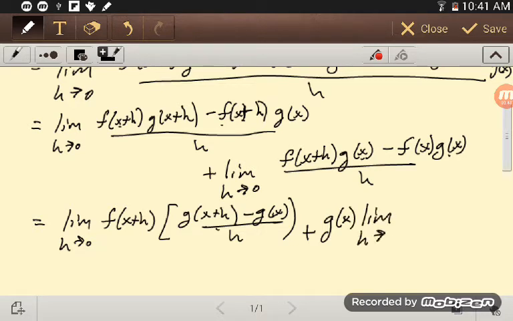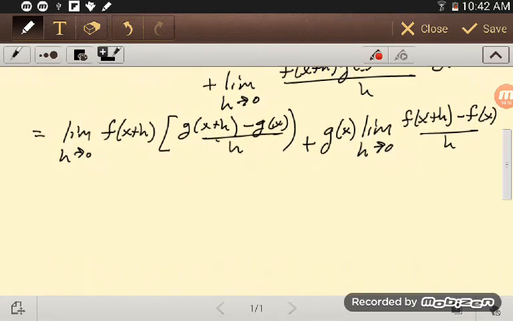So the limit as h goes to 0 of f of x plus h minus f of x all over h. And so then you see, oops, that should be a square bracket.